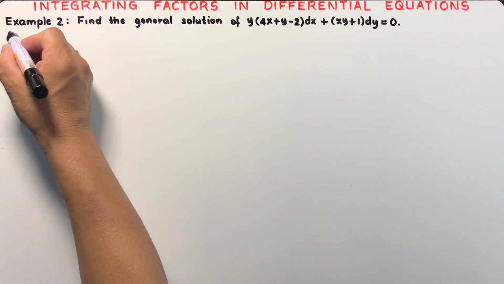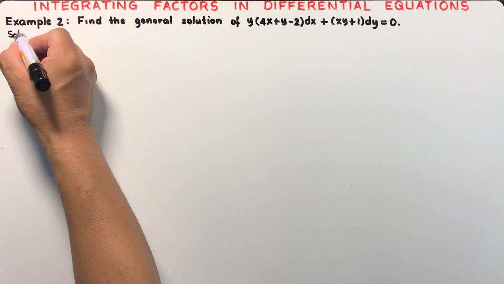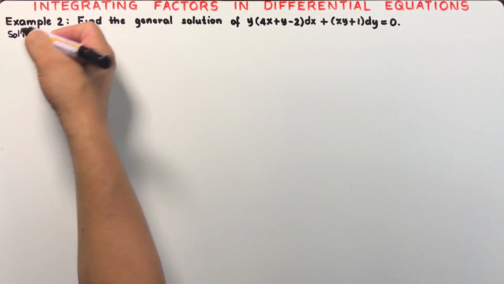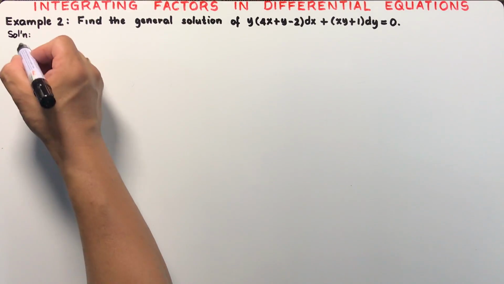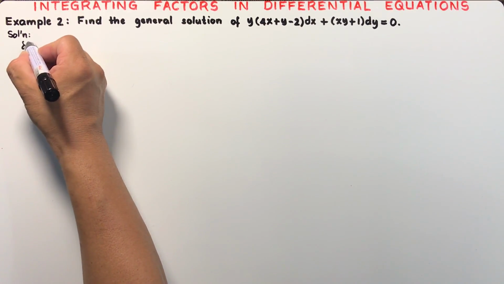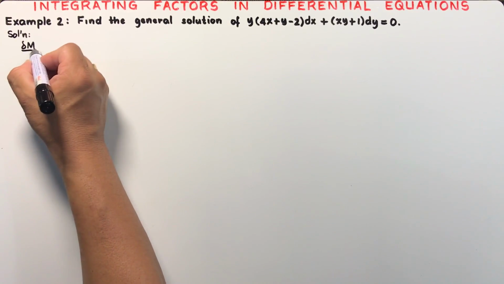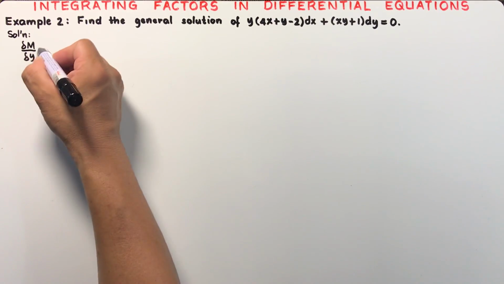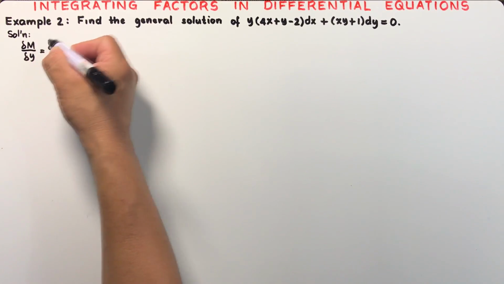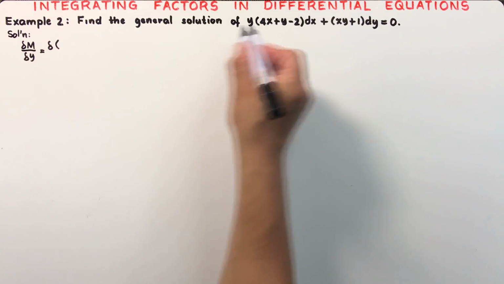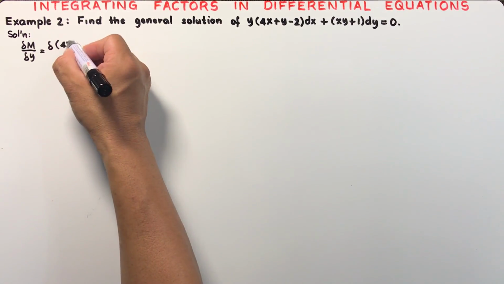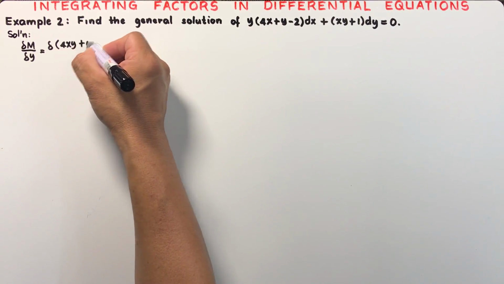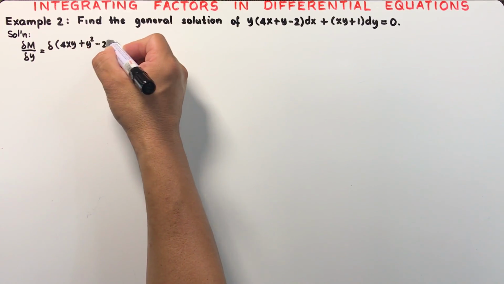And we can show that this is not an exact differential equation by finding the partial derivative of m with respect to y. Because our m is 4xy plus y squared minus 2y.